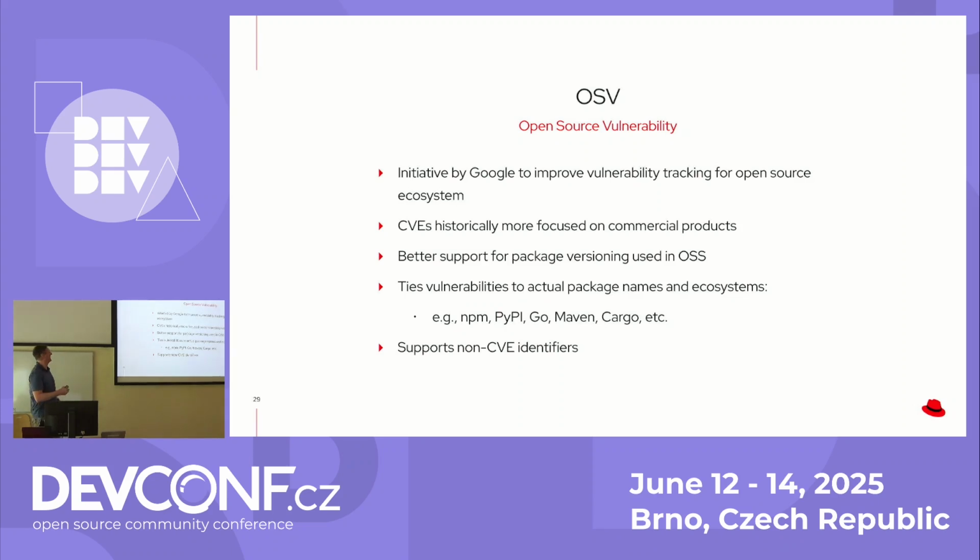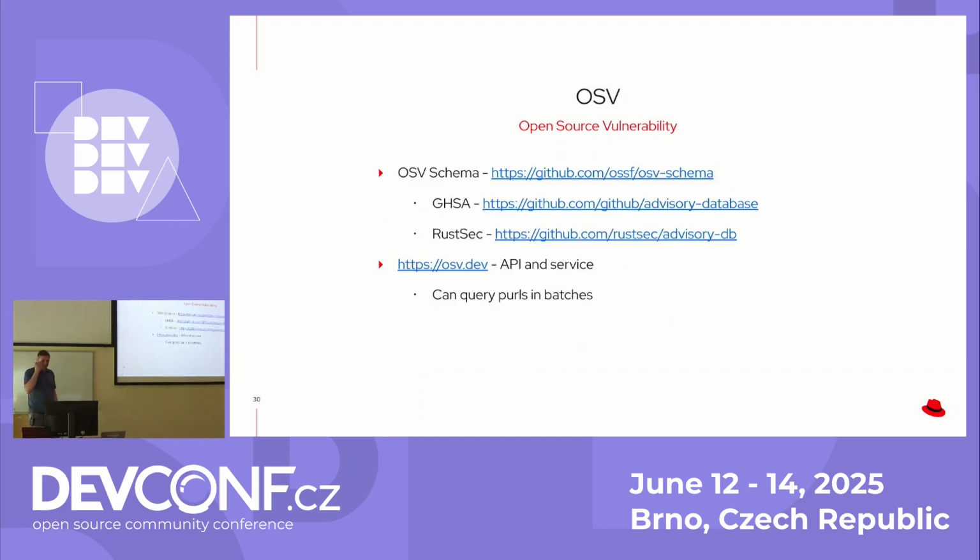Thanks for doing that. It basically tries to push the game forward and to better support people who are maintaining open source software to be able to much more easily provide advisories for their packages, right? Currently, the OSV consists of two things.